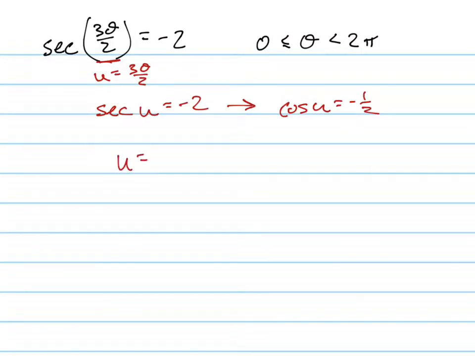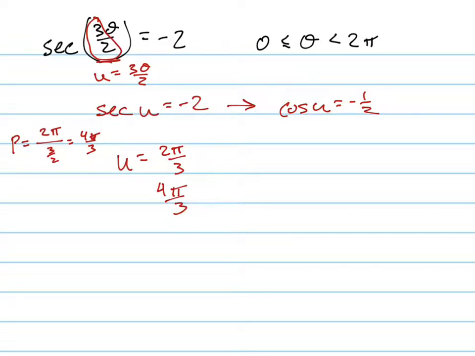So u equals 2 pi over 3, or it equals 4 pi over 3. But you actually have a period. Your period is equal to 2 pi over that number, which is 2 pi over 3 halves, which means it's 4 pi over 3. So you're basically going to get 1.5 cycles between 0 and 2 pi.